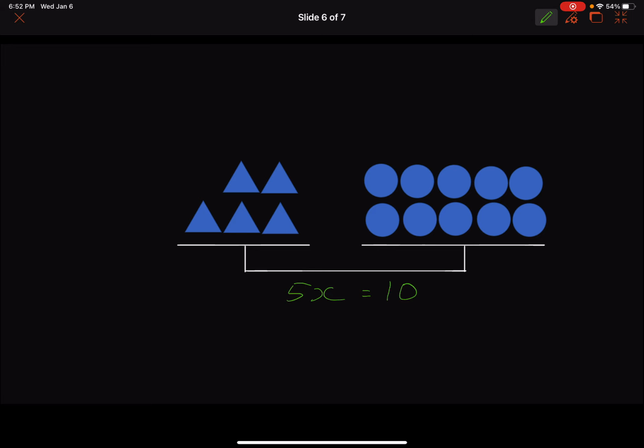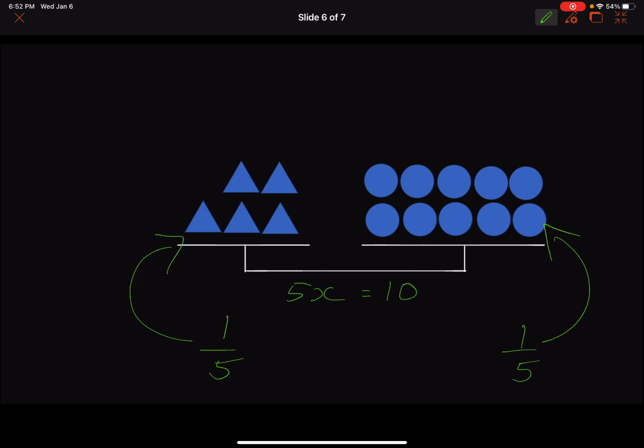I'm going to tell you a little story. I have 3 students, and I asked them all to write an equation that demonstrates having 1/5 of the triangles balancing 1/5 of the circles.